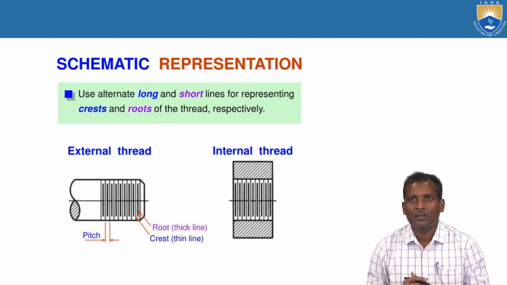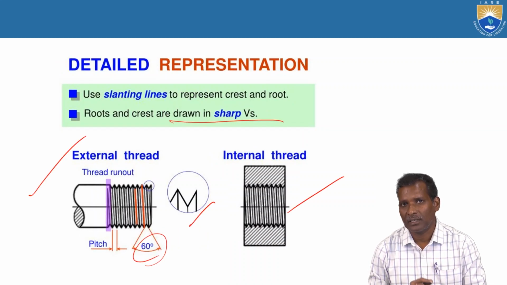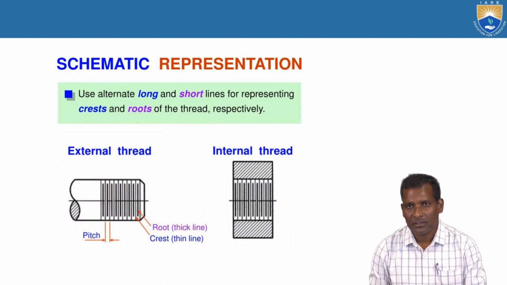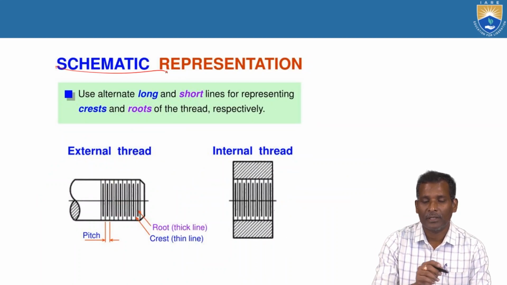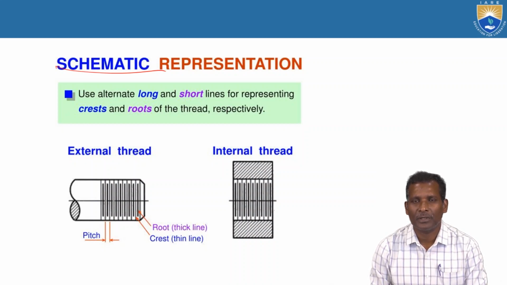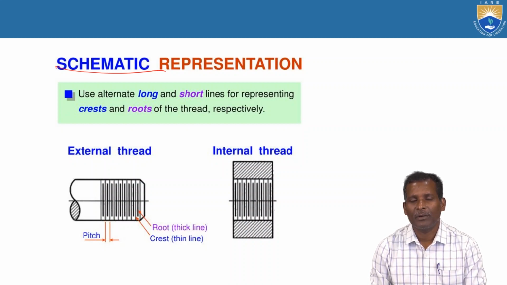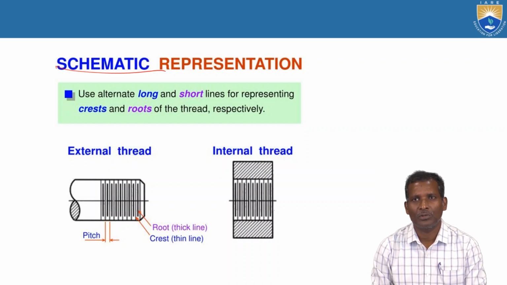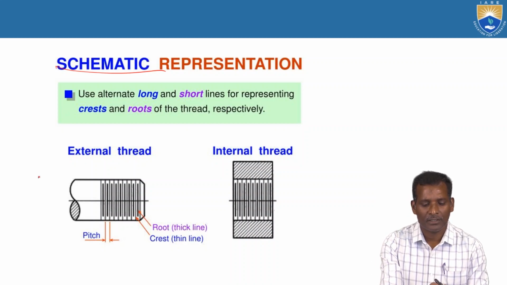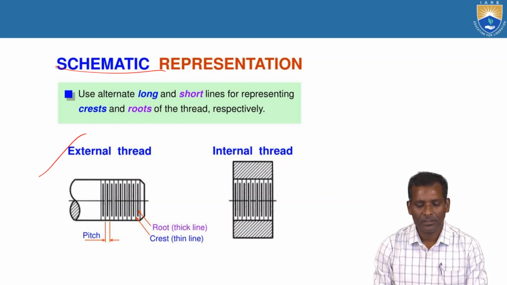Next, schematic representation. The previous one is detailed representation. In this schematic representation, always use long and short lines for representing the peak edge of the thread, and the bottommost portion, that is crest and roots of the thread respectively. In case of external thread, see in this, use long and short lines.